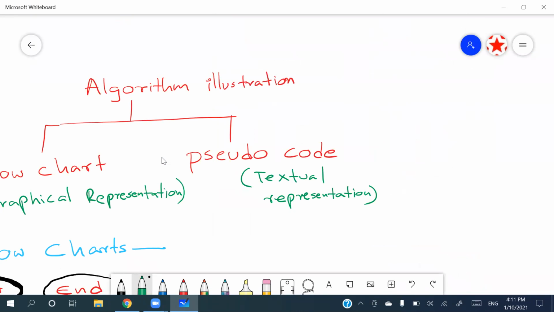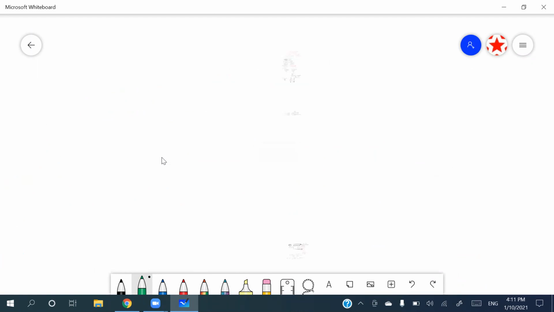Yes. So let me import the paper so I can go with the discussion.